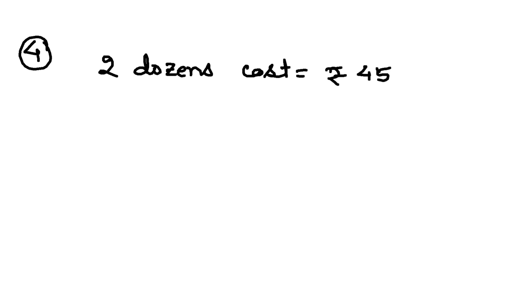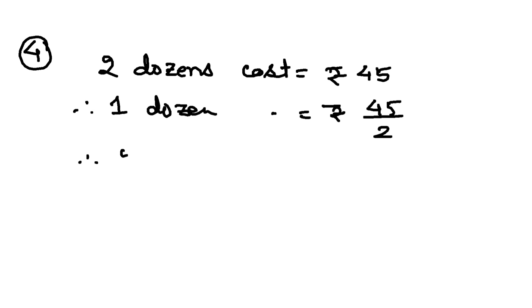If 2 dozen bananas cost 45 rupees, so 2 dozens cost rupees 45. What will be the cost of 1 dozen then? 1 dozen will cost you rupees 45 by 2.